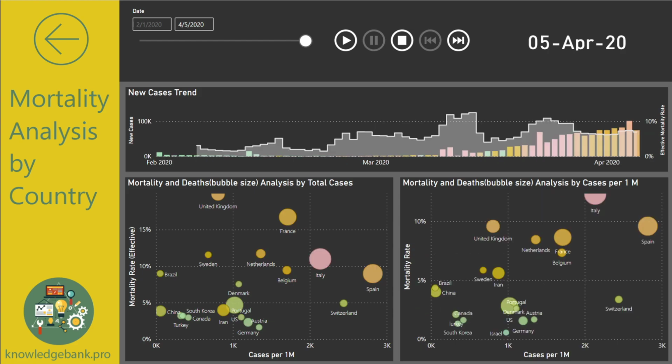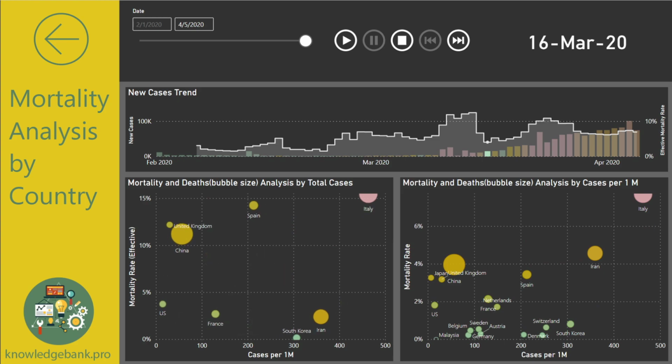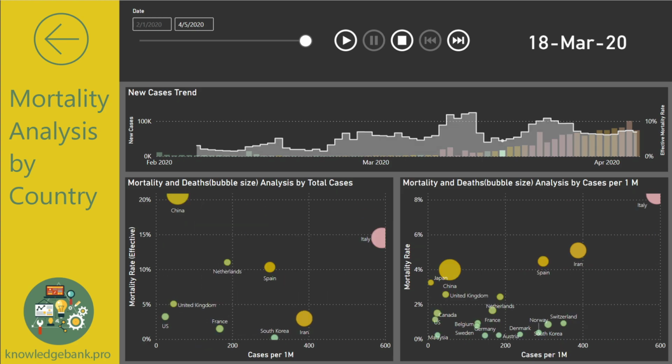On the 16th of March, we already see mortality at this pretty high number. Let us see what the world looked like on March 16th, or rather March 18th. We see that as of March 18th, United Kingdom mortality was 5%, both effective mortality and overall mortality.